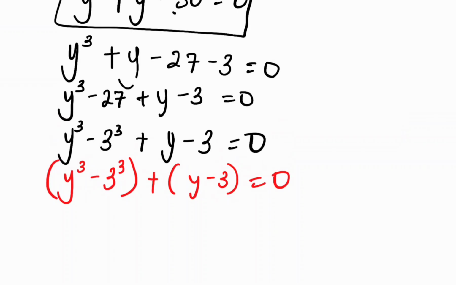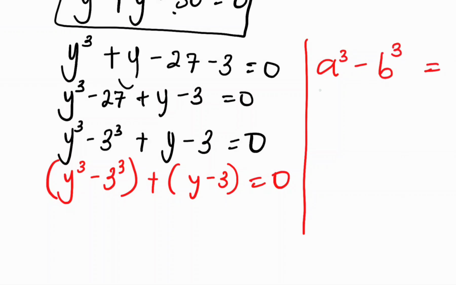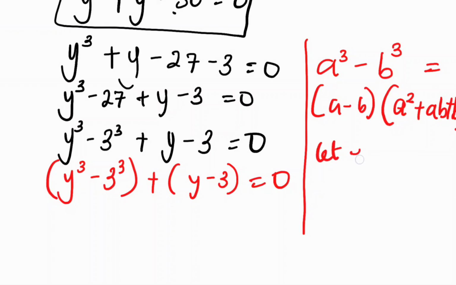We need to expand y power 3 minus 3 power 3. When we have a power 3 minus b power 3, the expansion gives us a minus b into a squared plus ab plus b squared. This is the expansion. If you agree with this, we can now say let y be equals to a and let b be equal to 3.